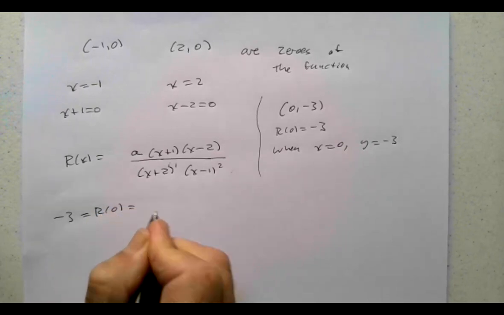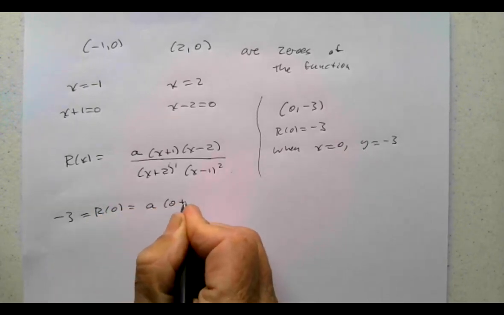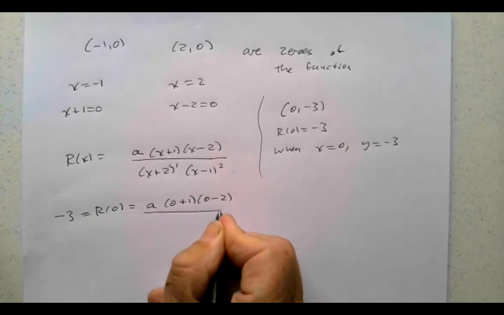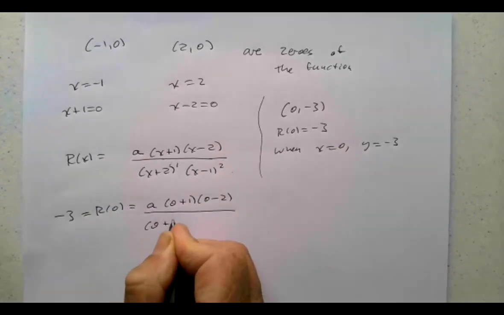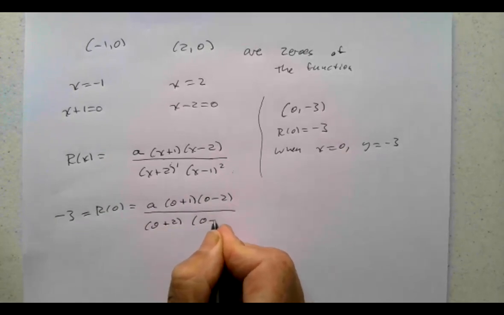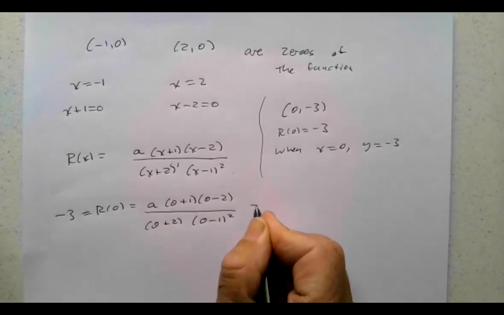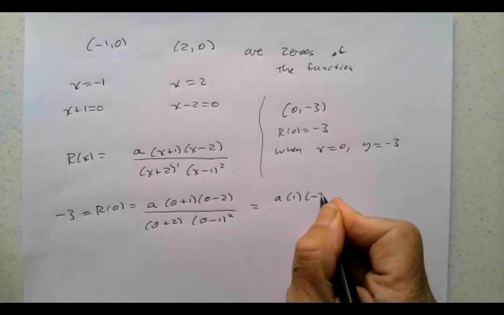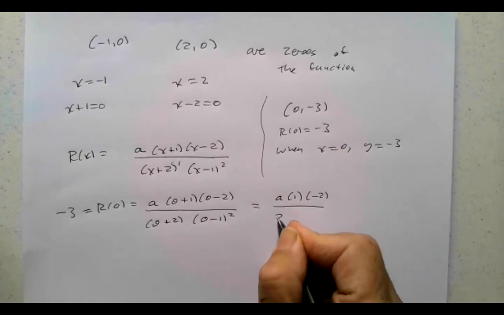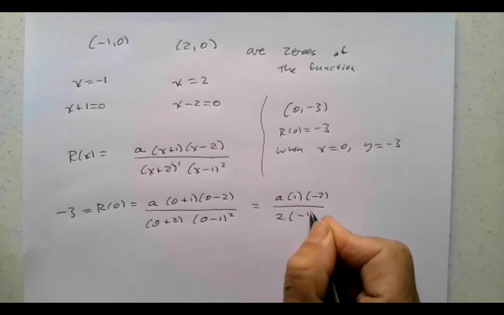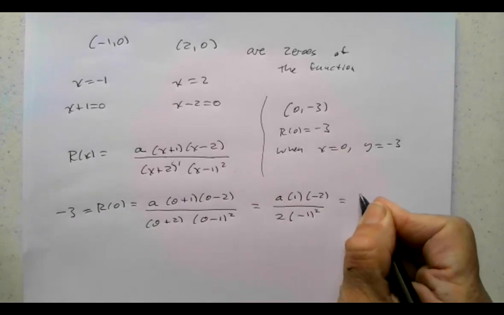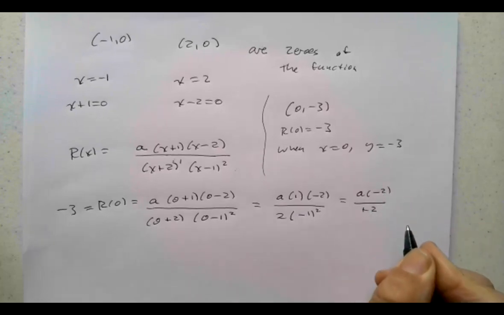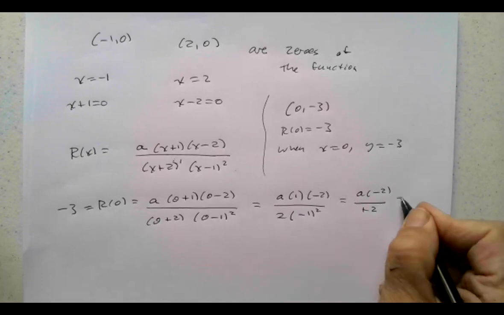So -3 is r of 0, which is a times 0 plus 1 times 0 minus 2 over 0 plus 2 to the first power and 0 minus 1 to the second power, which is a times 1 times negative 2 over 2 times negative 1 squared, which is a times negative 2 over positive 2, which is negative a.